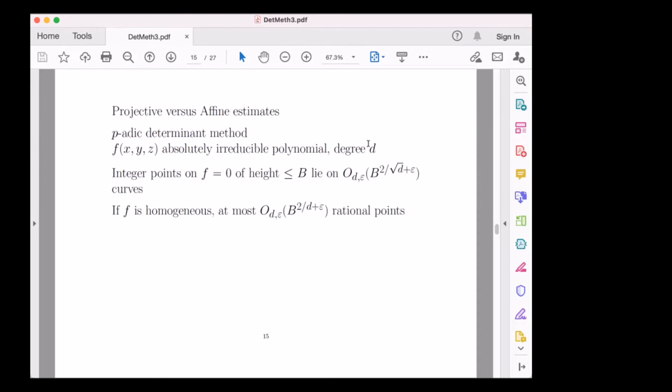Now, I didn't actually state the results that the determinant method gives for affine surfaces, but f equals 0, because this is an irreducible polynomial in 3 variables, that will be an affine surface. The determinant method will tell you the number of points of height at most b will lie on b to the 2 over root d curves.